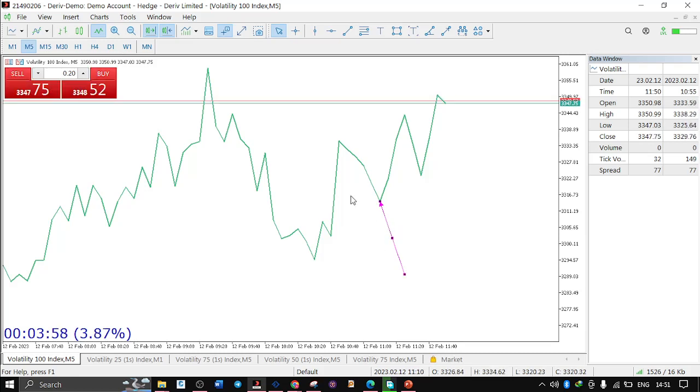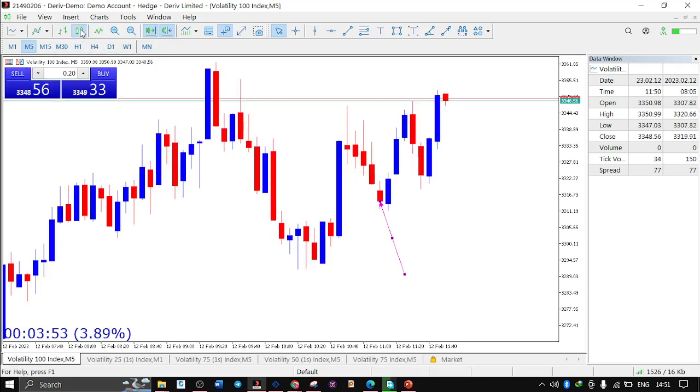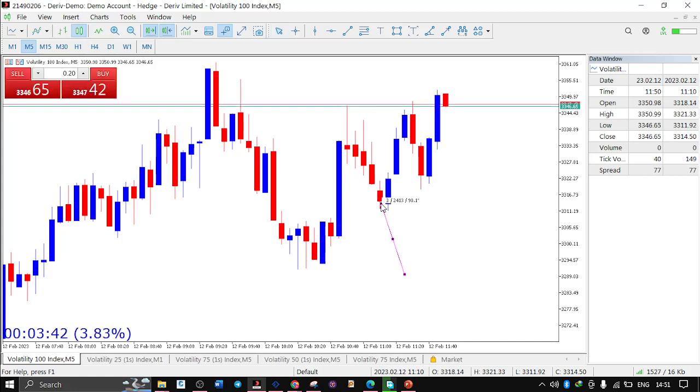Now, when you keep on marking the closing price of each candle, you see where my cursor is pointing? Yes. Now, when we switch back to candlesticks, this is the close of this candle here.